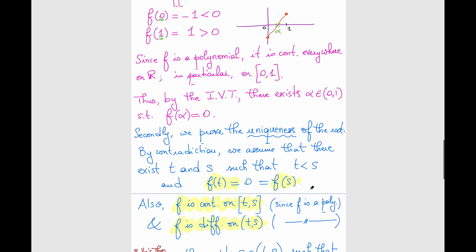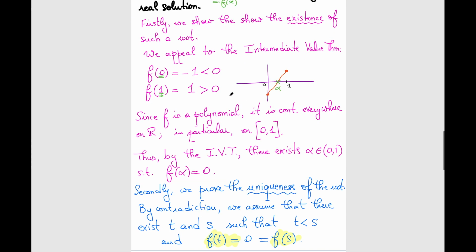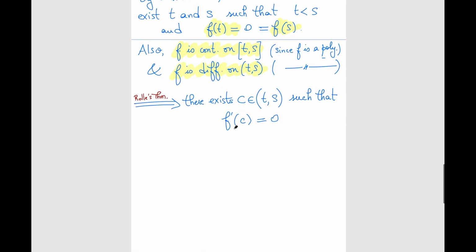What's f prime of x? This is f of x, x cubed plus x minus 1. So what's f prime of x? It's 3x squared plus 1 minus 0. One more time, 3x squared plus 1 is f prime of x. So f prime of c is going to be 3c squared plus 1. So this guy here is 3c squared plus 1.